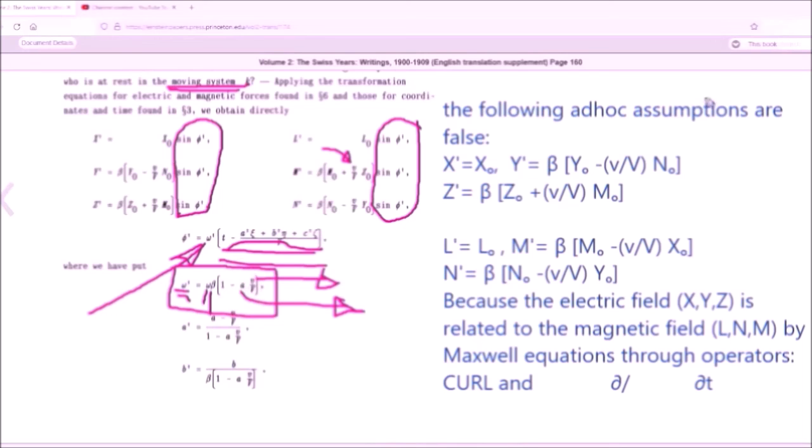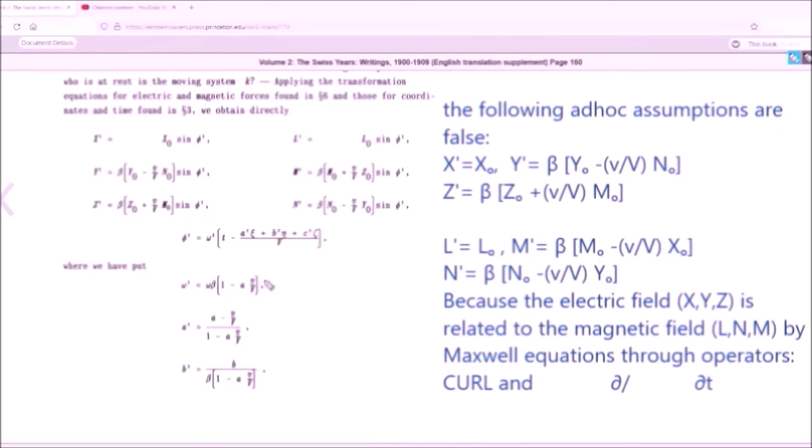How did he reach this formula? We don't know. I think he just makes it easy for himself.